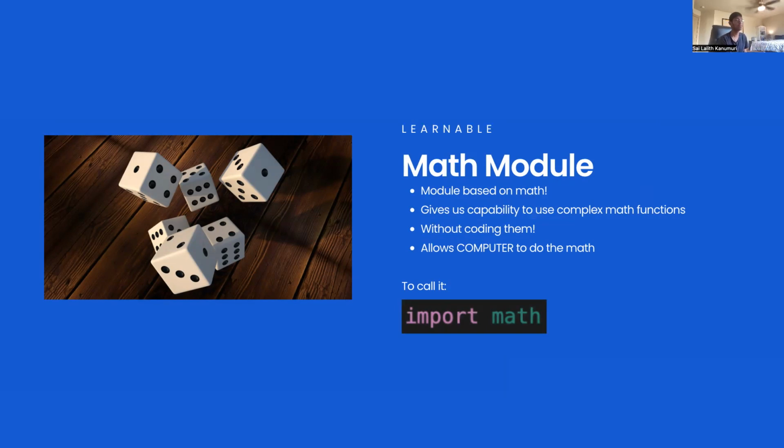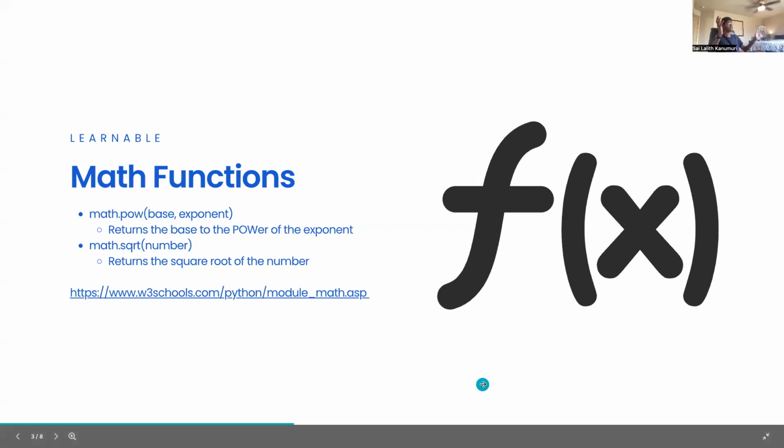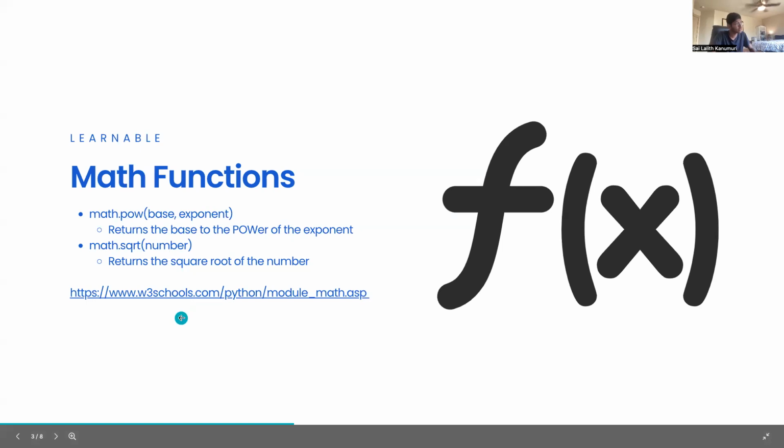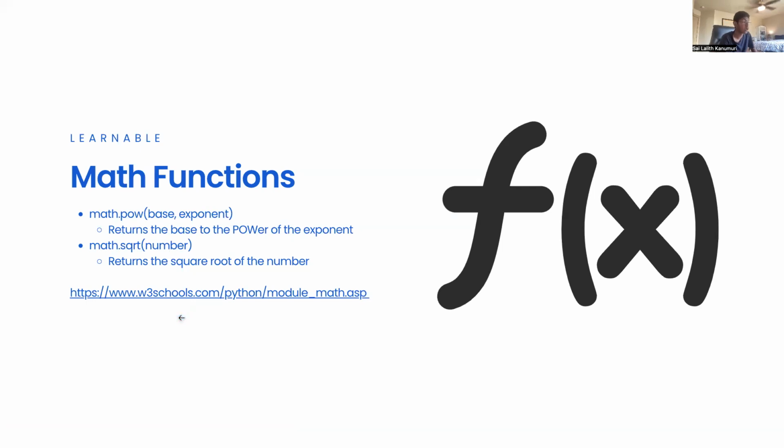And to call it, just say import math. That's it. Import math. So now let's go into the functions. We're just going to go into two of them, but there's a lot more. If you want to go more in depth, here's a link to the W3Schools page, where they go into all of the math module functions. If you're interested enough, please be sure to look at that.